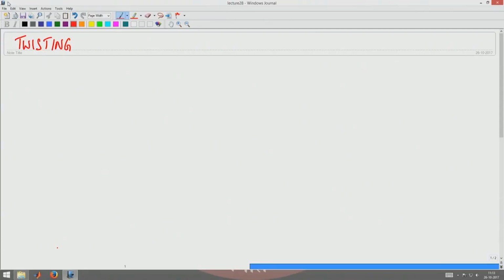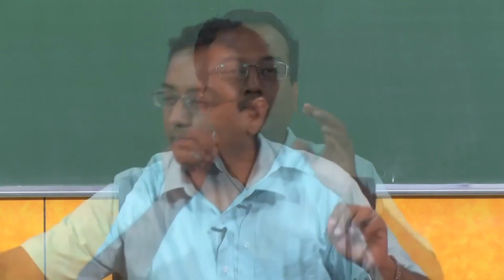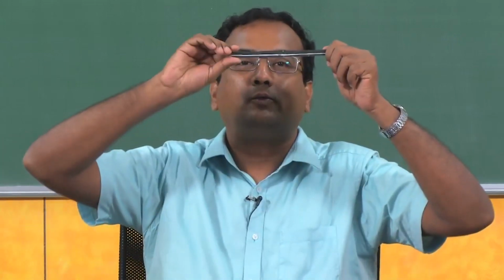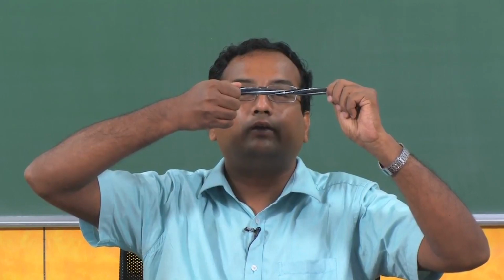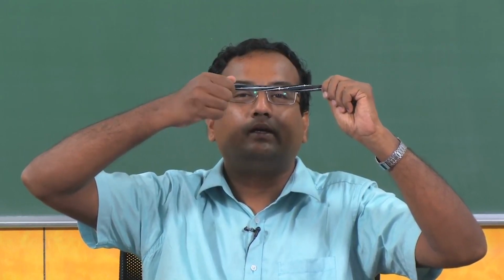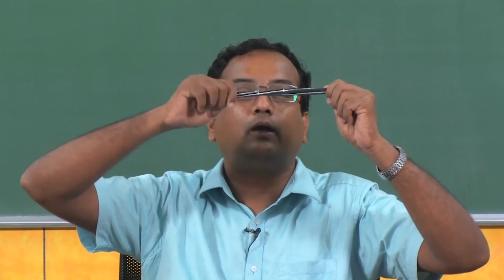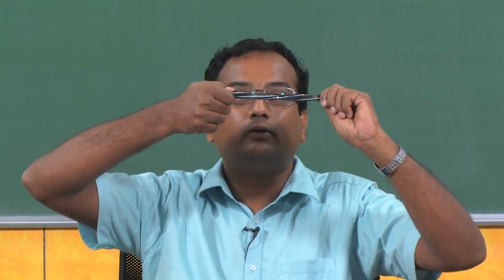Now in contrast to what we have been seeing till now, wherein the predominant stresses were the axial stresses, now the predominant stresses are the shear stresses in the structure. Due to twisting, what happens is you have a bar which you twist by applying twisting moment at one end, so you can see it forms kind of an ellipse kind of a shape here. So this is what happens when you apply a twisting moment to a bar.